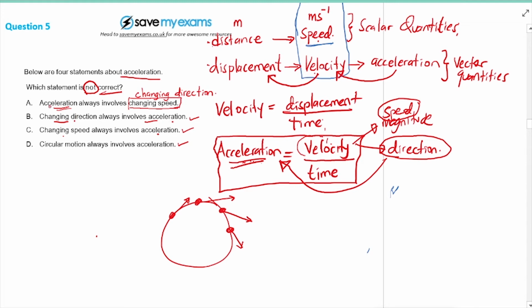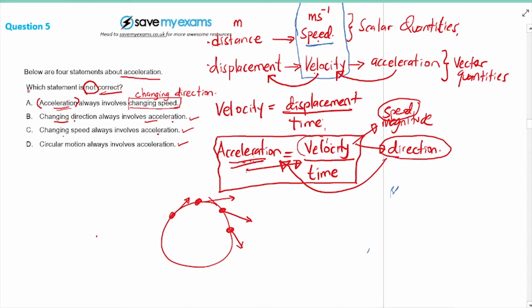However, when you look at statement A, they are saying acceleration always involves changing speed, but that is not the only thing. Acceleration is broad here. Acceleration does not only involve changing speed, it involves both changing speed and changing direction.